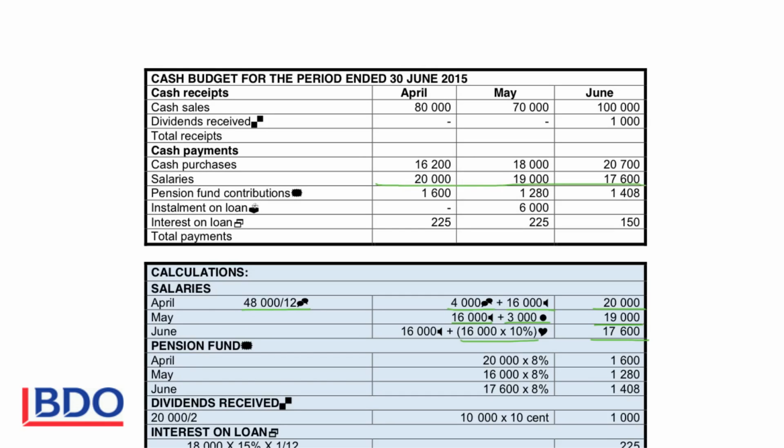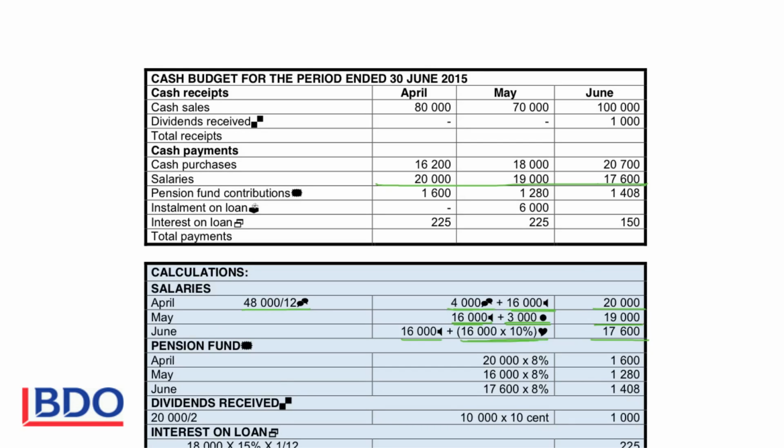In April, it's 20,000 because money is still outstanding from one employee for March. So we have to add that 4,000 to the 16,000 in the current month. In May, it is 19,000 because it's the monthly salary plus the 3,000 for the temporary employees. In June, it's 17,600 because it's the 16,000 plus the 10% increase.